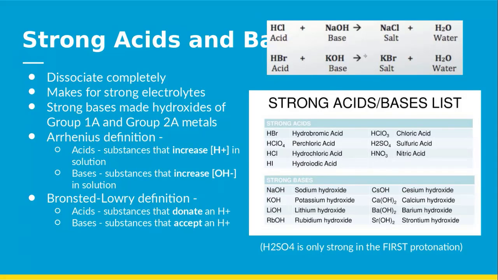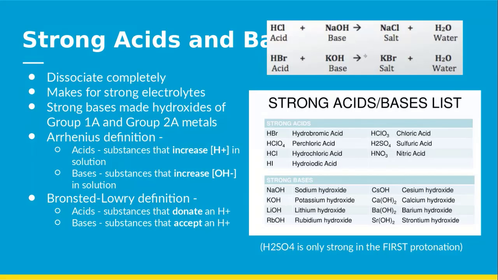And then conversely, a base is any substance that you place into water that will increase the OH minus concentration in solution, such as KOH, which is going to break apart into ions, K plus ions, OH minus ions. And then your second definition is the Bronsted-Lowry.